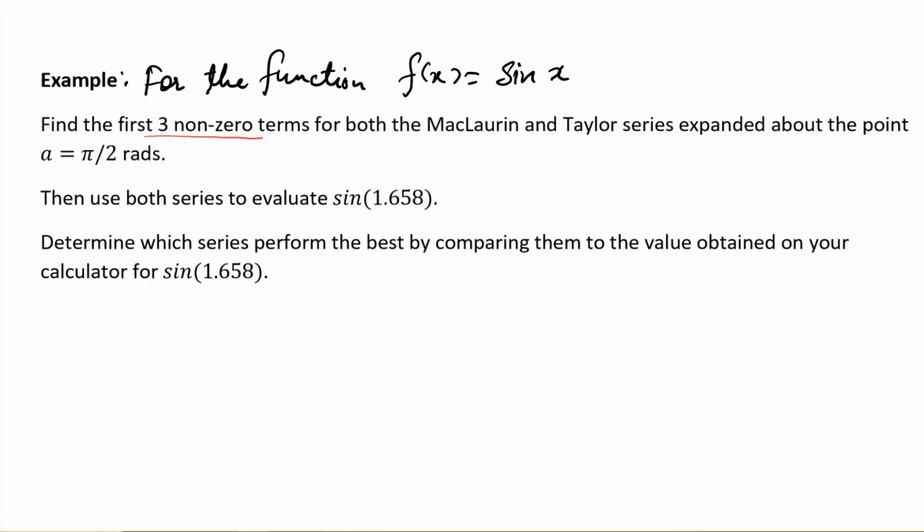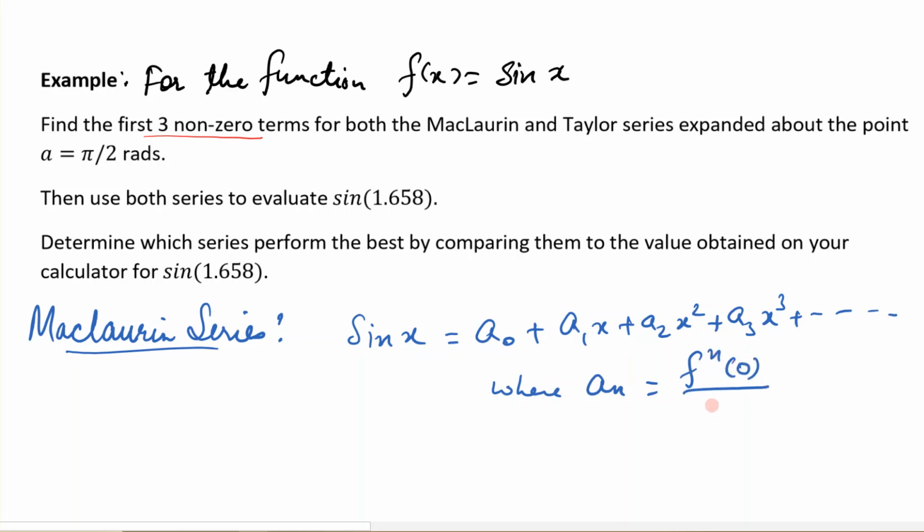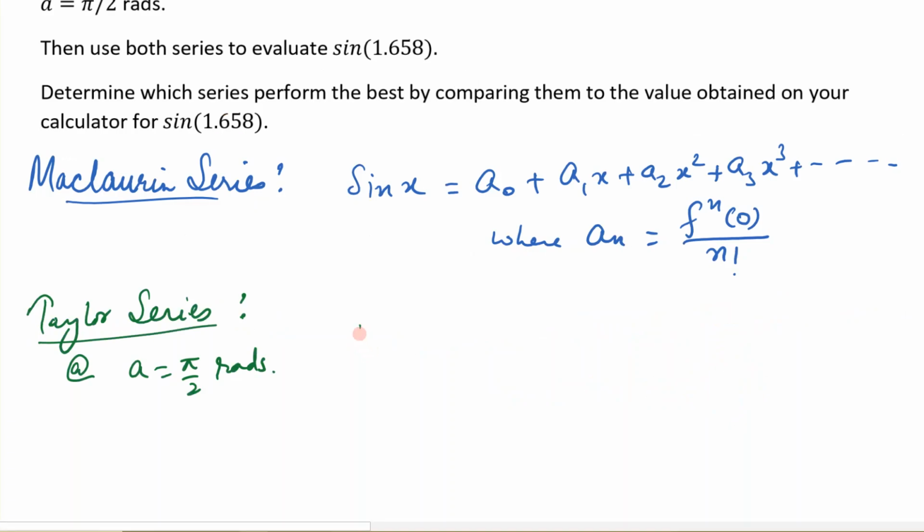First, we know that the Maclaurin series is of the form sin x = a0 + a1x + a2x^2 + a3x^3 and so on, where an is equal to the nth derivative at 0 over n factorial. The Taylor series around pi over 2 would be given by some constants, let's call them b0, b1, and so on.